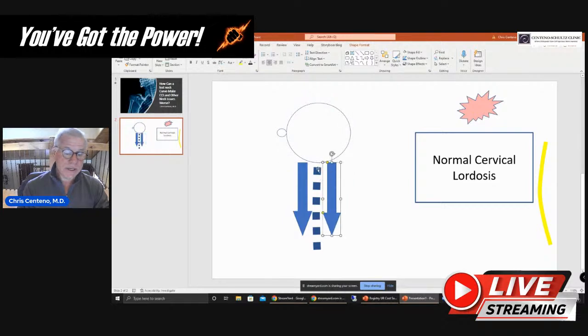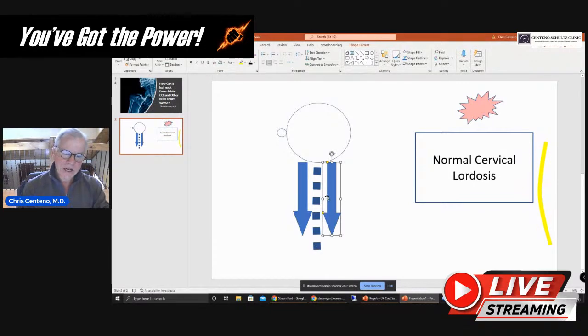And in fact, there are discs between these vertebrae, so we've got an awful lot of weight now going onto the discs. And so we tend to see people who have lost their normal neck curve, their discs start to go, because all of a sudden the weight isn't distributed 50-50 between the discs in the front and the facets in the back. It's overloaded on the disc side.